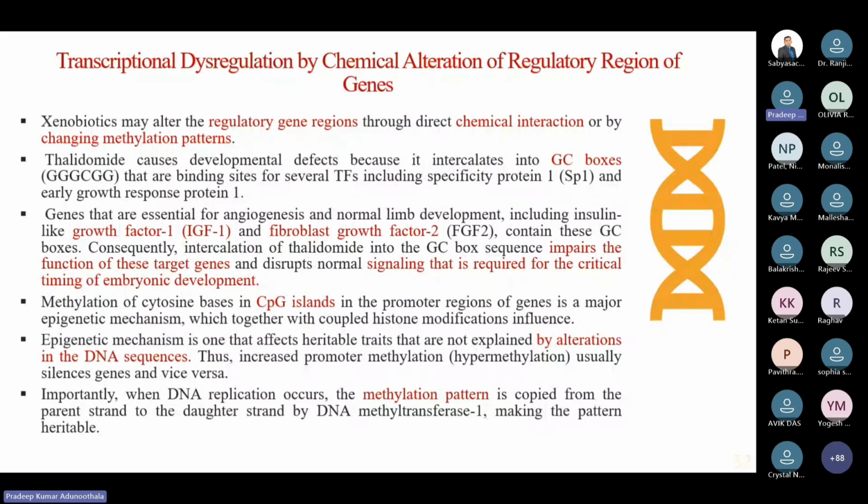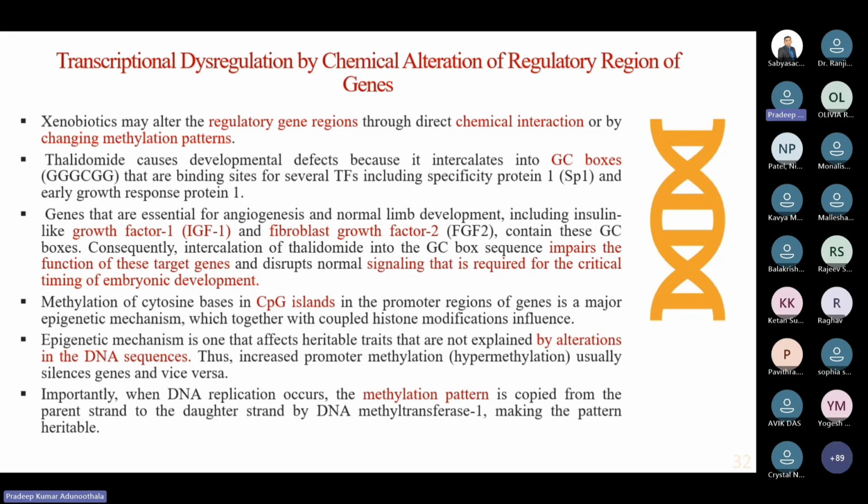Thalidomide comes and binds to that particular box, and transcription factors like specificity protein 1 and early growth response protein 1 will be impaired. Instead of these factors binding to those boxes, thalidomide goes and binds to the boxes and shows the developmental toxicity. As I said, generally the angiogenesis or normal limb development should happen by using the growth factors IGF-1 or fibroblast growth factor.